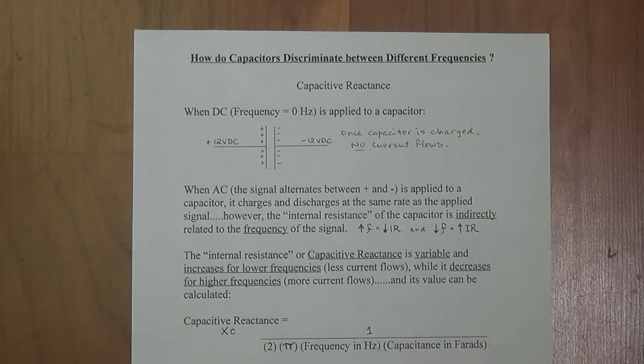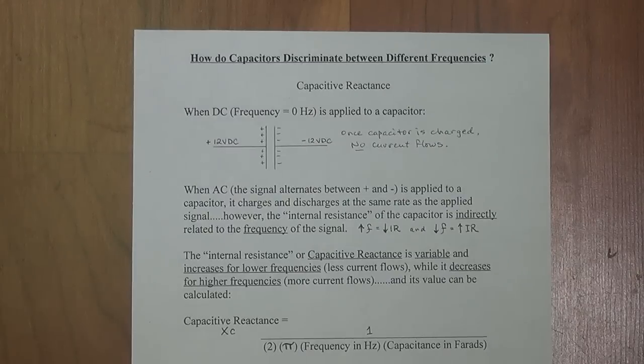I think most people realize that capacitors actually discriminate between different frequencies. In other words, for a single capacitor, if you apply different AC frequencies to it, it will react in different ways to them. Now, why does this happen? Does the capacitor have a little brain with headphones on, listening to the frequency, with a built-in discriminating network?